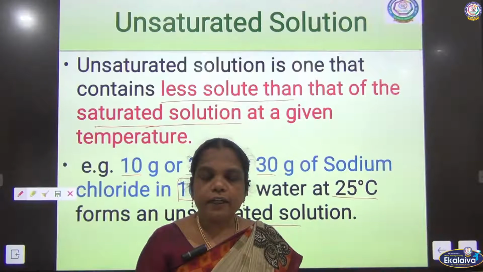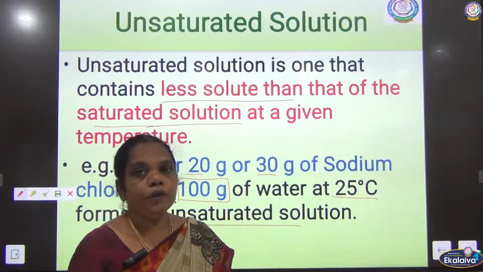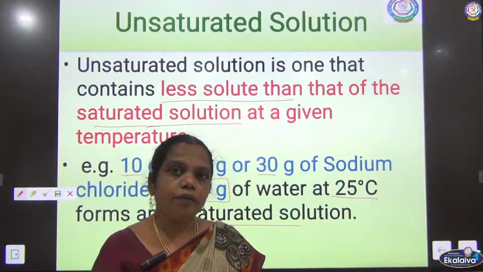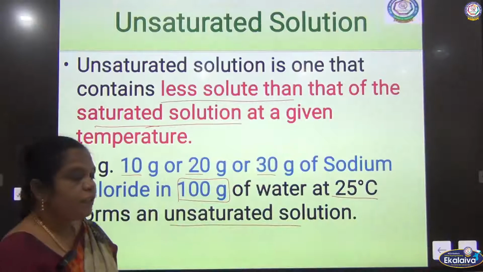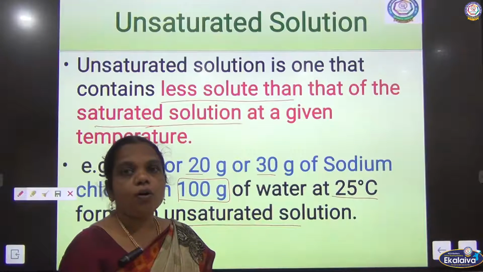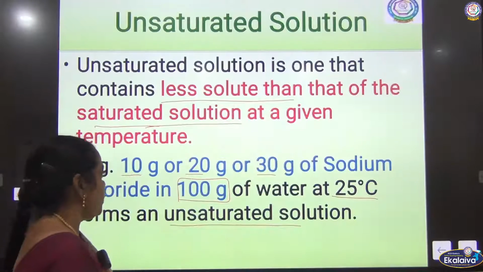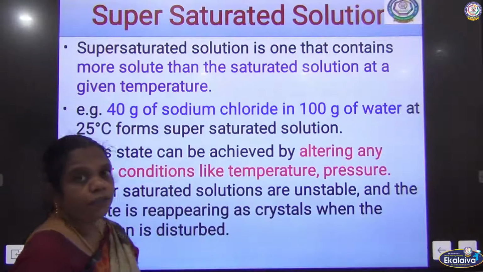If you take either 10 gram or 20 gram or 30 gram or 25 gram of salt, it can dissolve in 100 gram of water easily. This type of solution is called unsaturated solution.